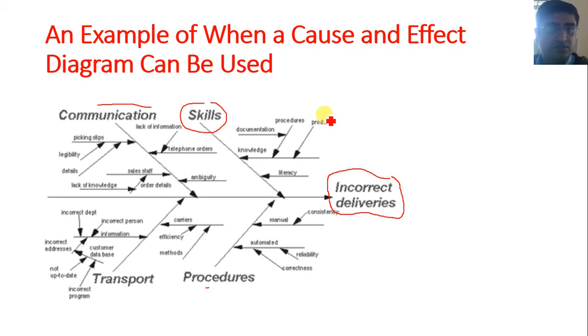And here are the sub-items of each defect and cause: knowledge, strategy, documentation, information lacking, order details, and the sales staff, or we can also say lack of knowledge. All of these are affecting the root cause analysis, so that we can find the incorrect deliveries.